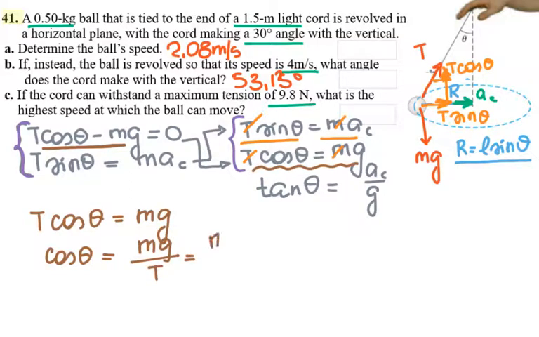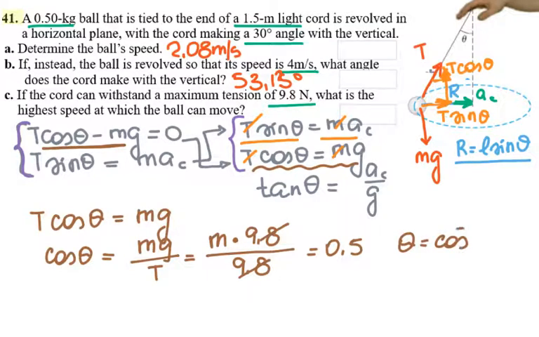That is m times 9.8. I'm going to plug in 9.8 in this case, not 10, because this is also 9.8. These guys cancel. And what your cosine theta is equal to is the mass, which is 0.5. And cosine is equal to 1/2, or you can do it through the calculator, is 60 degrees. So theta would be 60 degrees.